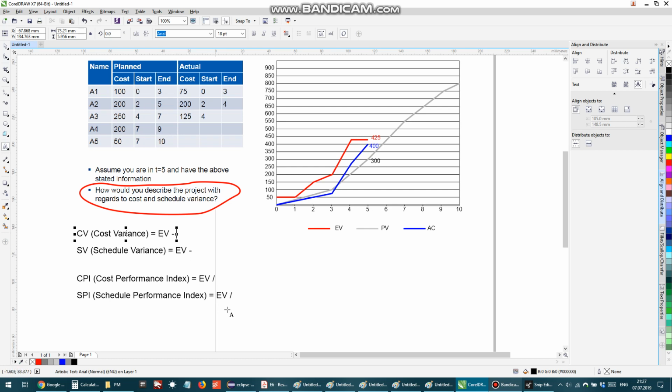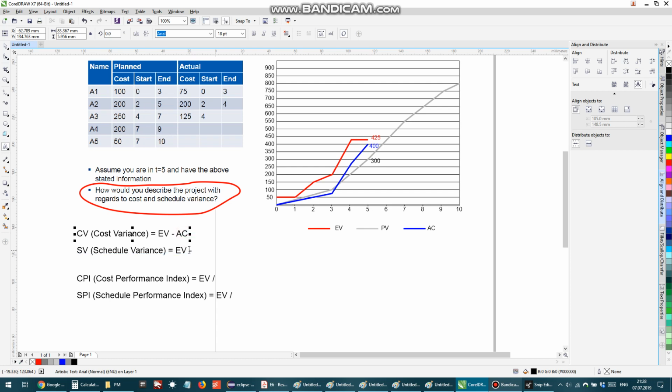And always we start with earned value. For first one, we have to use AC, because actual cost, as the names are similar. It can be a good tip for you to remember them, which one to use where.